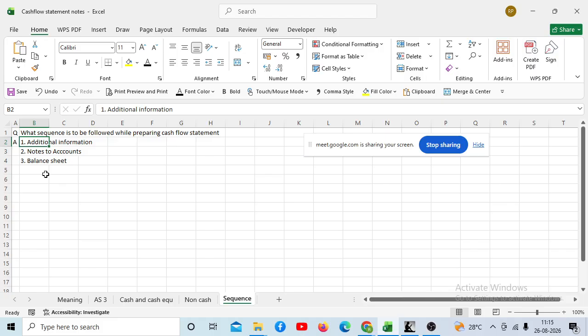And after preparing the format, we have to first solve the additional information. After solving the additional information, we have to solve notes to accounts. And after notes to accounts, finally we have to solve the balance sheet. This is the sequence which we will be following for preparing a cash flow statement in case of a full-fledged question. Any doubt?